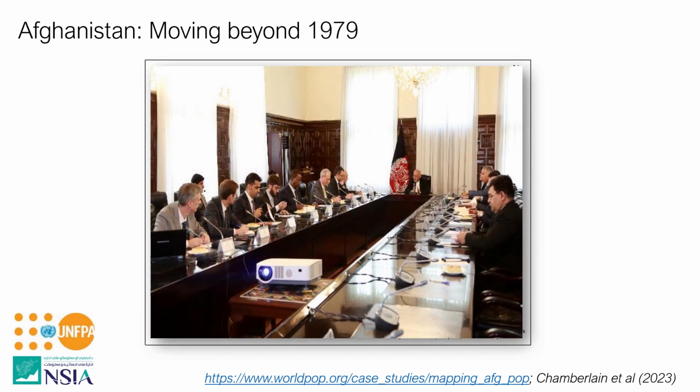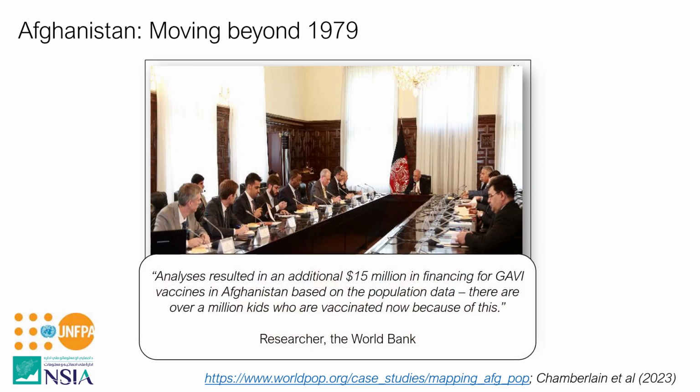So these were presented in Kabul to the president, and as far as we know, are still in use. We hear from people like the World Bank that these data resulted in an additional 15 million in financing. So there are now 1 million extra kids who were vaccinated because of these estimates.